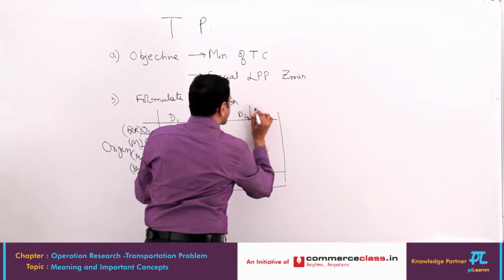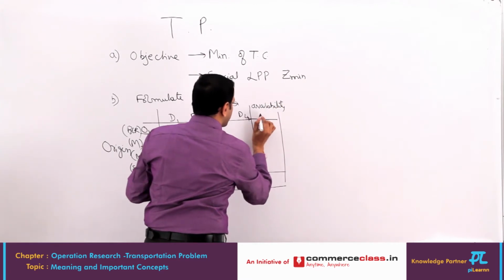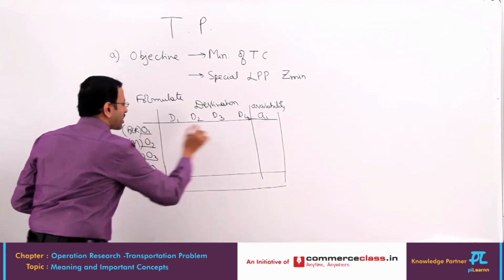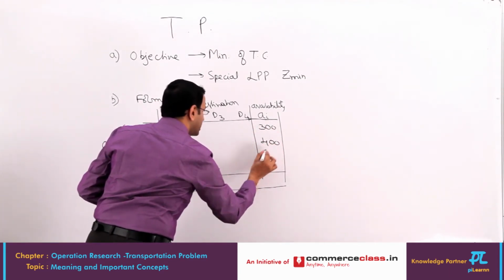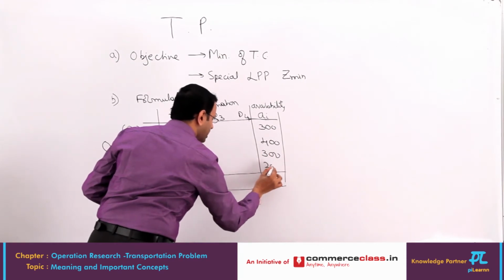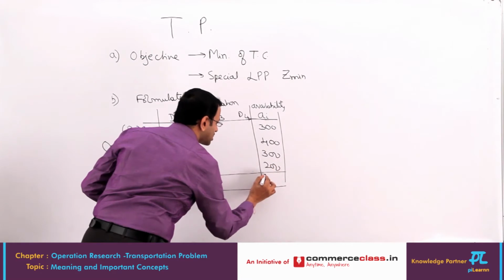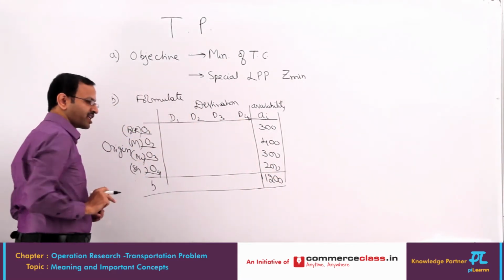We will call it availability or supply, and write it as ai. Similarly, you have to write the goods here. Example 300, 400, 300, 200. Total how much? Altogether it is 1200 goods available in 4 factories.